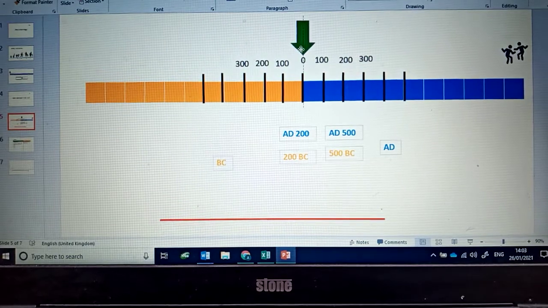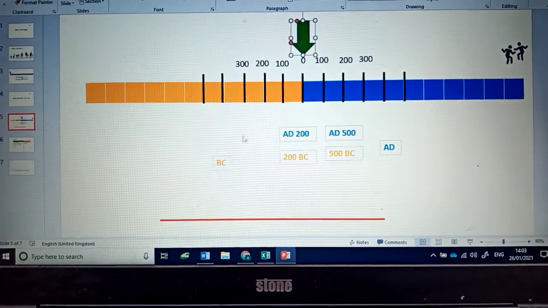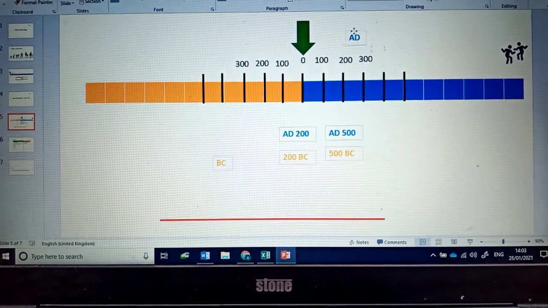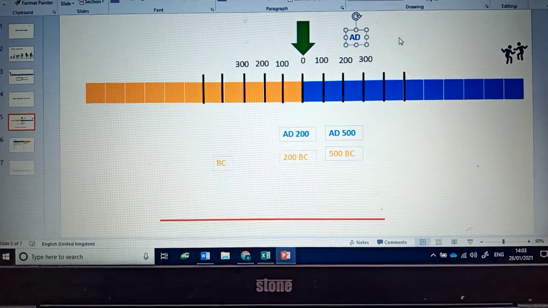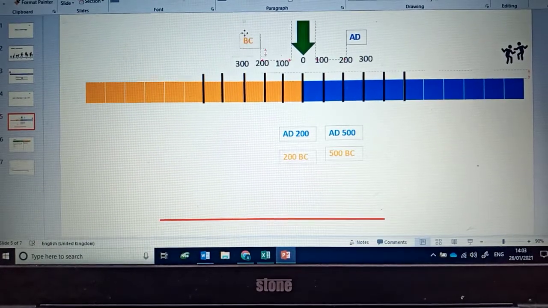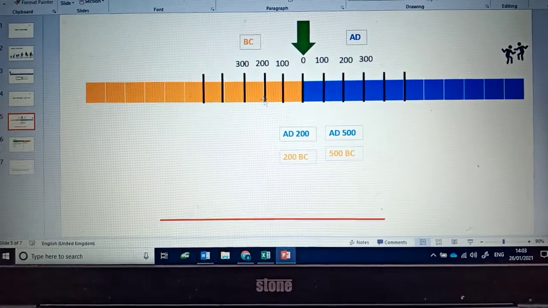It's a bit weird. And to help us remember which 100 we're on, historians have come up with a way of labelling them. Any dates this side of zero, going that way, are called AD dates. And any dates this side of zero, going that way, are called BC dates.